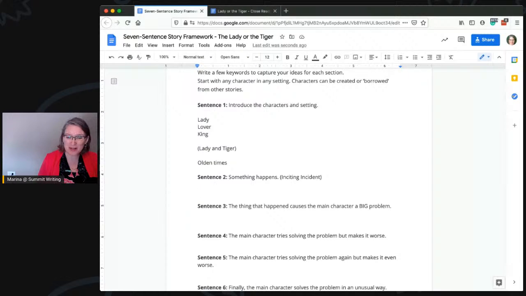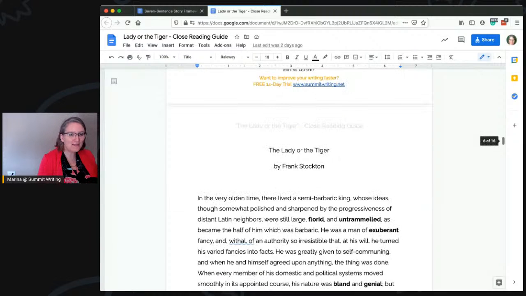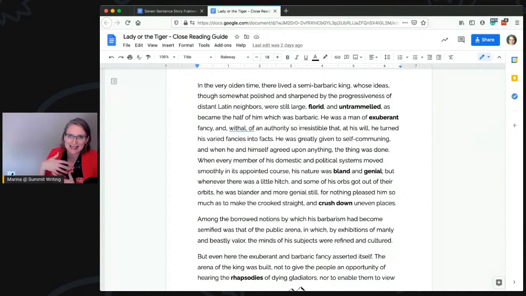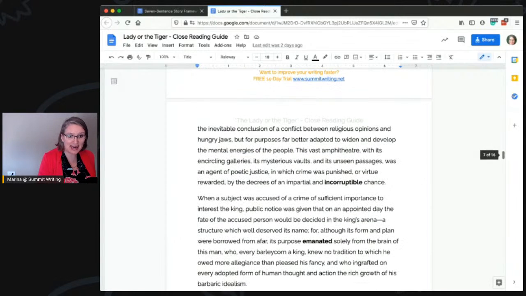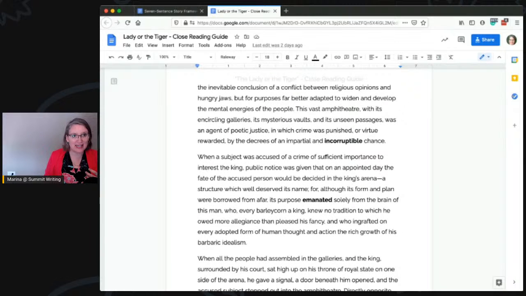And for the story, The Lady or the Tiger, if we look at the story, they're setting it all up. We understand that it's this semi-barbaric king, and he has this way of poetic justice that he thinks is incorruptible and impartial. So this is setting up the whole scene. Okay, that's fine. I guess you could say if he didn't have that system, we wouldn't have a story.